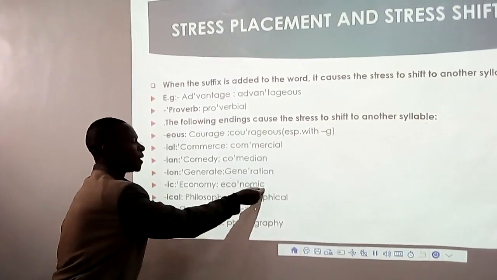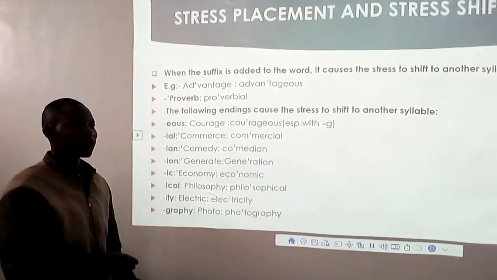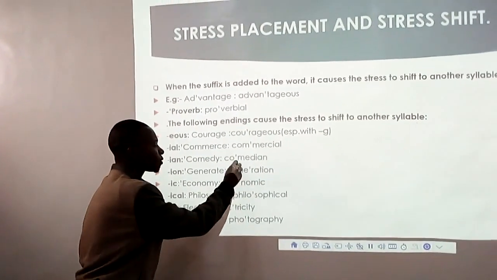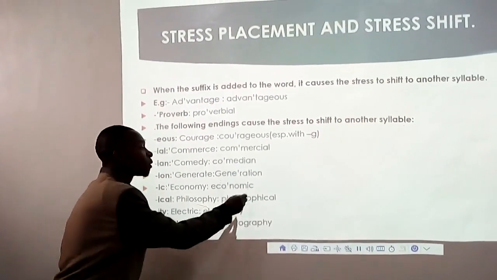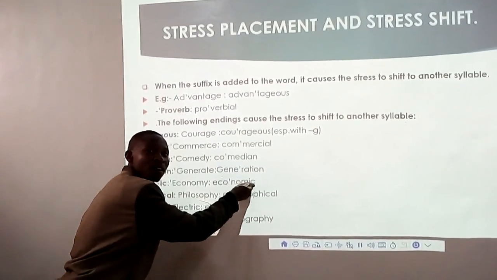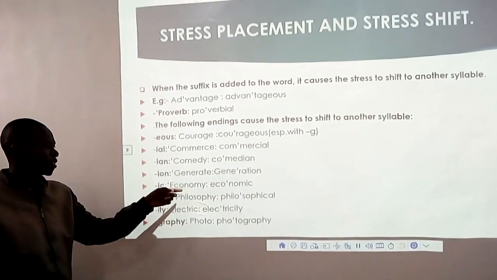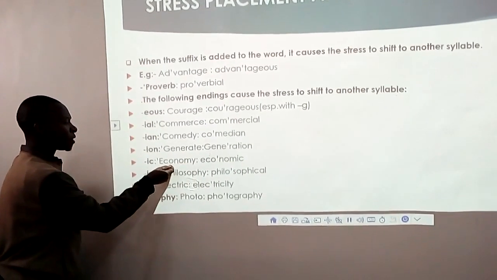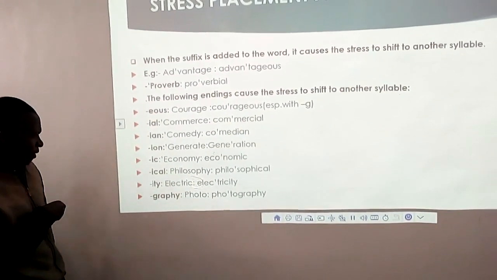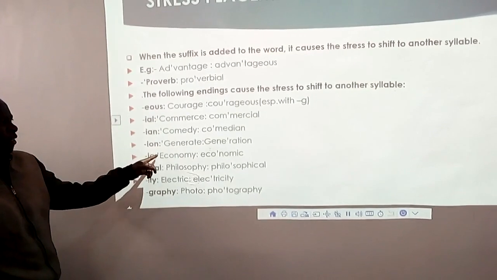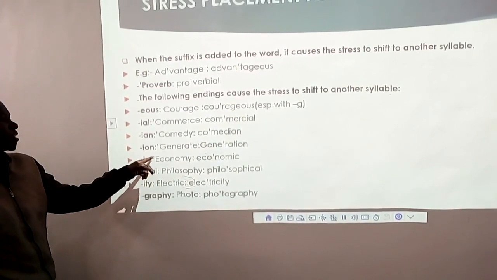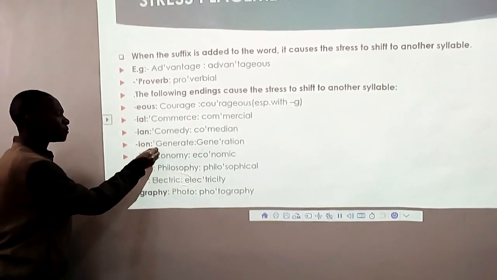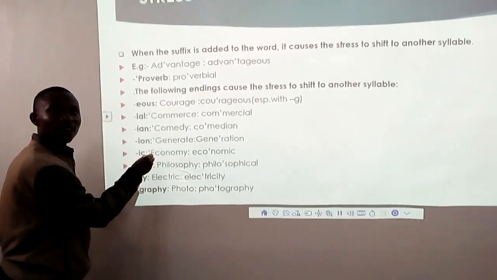You just count two syllables backwards from the very end, then you get to the stress. Why so? It's because of the suffix that has been added to this one. Now, economy, 1, 2, 3. I'm very sorry here. The stress is not here, it is here, on con. Okay? I'm very sorry.